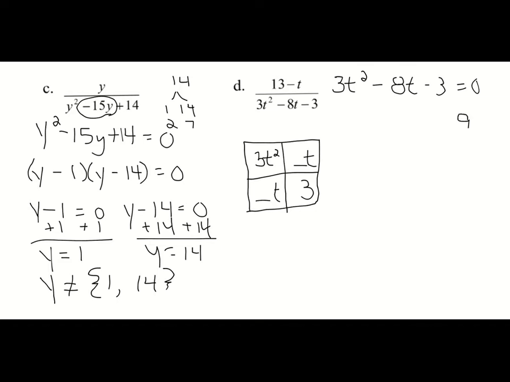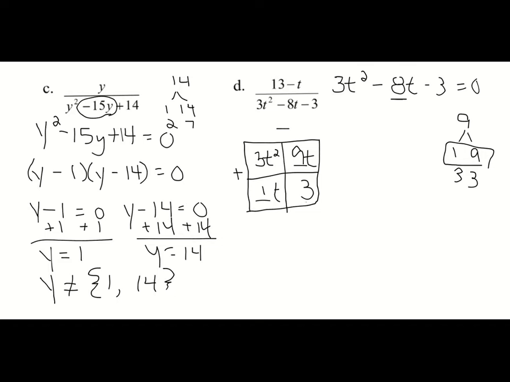It gives me 9. My factors of 9 are 1 and 9, and 3 and 3. I need it to add up to a negative 8, so I have to use the 1 and 9. It's going to make my 9 negative and my 1 positive, because negative 9 plus positive 1 will give me negative 8. So I'll fill those into my box.